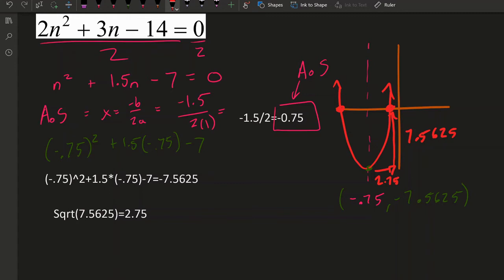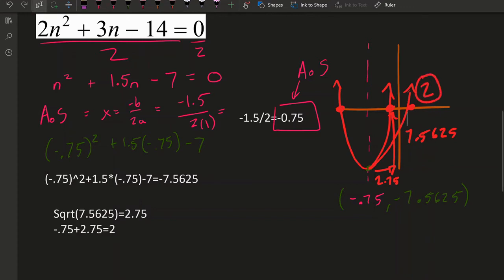So starting at negative 0.75 and then going to the right 2.75, we'll use our calculator again. Negative 0.75 plus 2.75 is equal to 2. So that one would actually be over here, but that one is going to be 2.